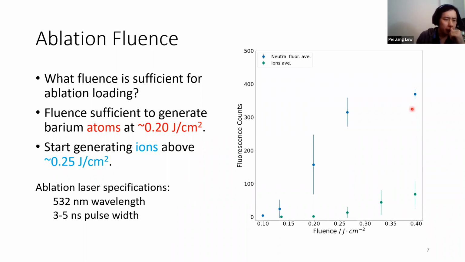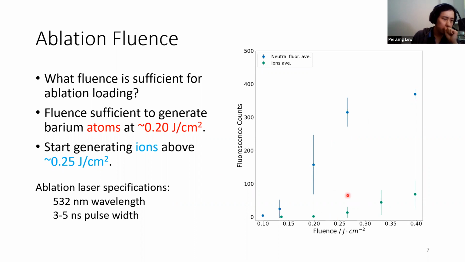The other thing that we investigate is the point where ablation generates ions directly. If your ablation laser has high enough pulse energy, you can actually sublimate the target and generate barium ions directly, not requiring the photoionization lasers.